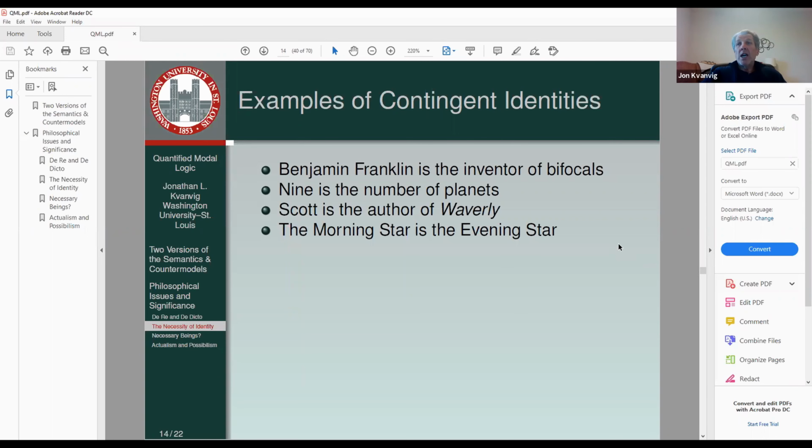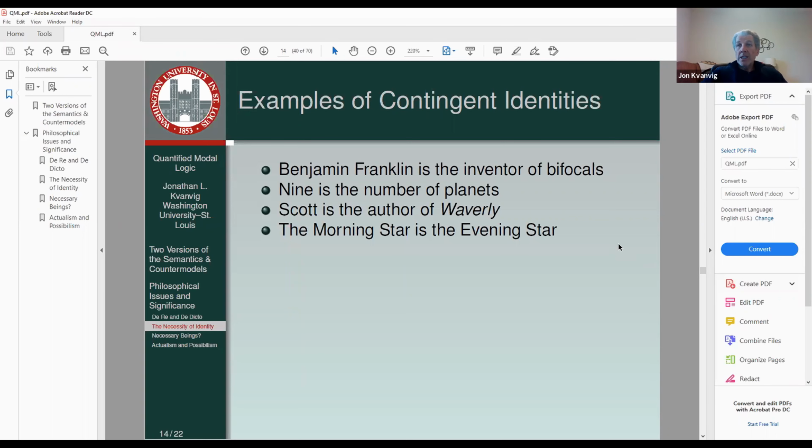So the claim we've got here is an identity claim, but it's not a necessary truth. Ben Franklin didn't have to invent the bifocals at all. In fact, there didn't even have to be an inventor of bifocals, or it could have been somebody entirely different. Same thing with 9 and the number of planets, Scott and the author of Waverley, and even the most important discovery in early astronomy, that Venus is both the morning star and the evening star.